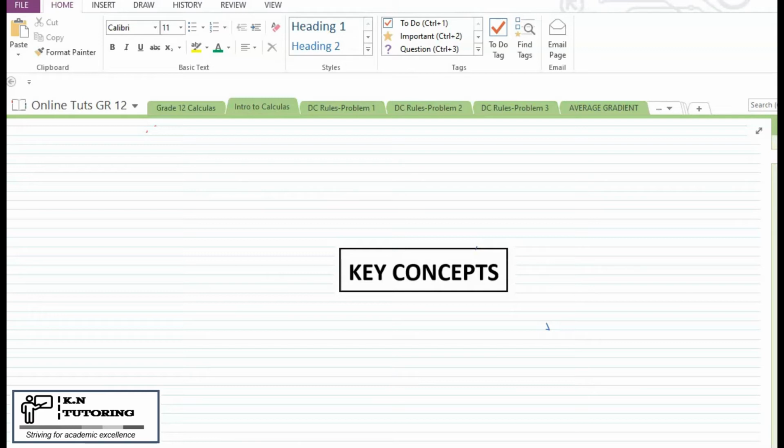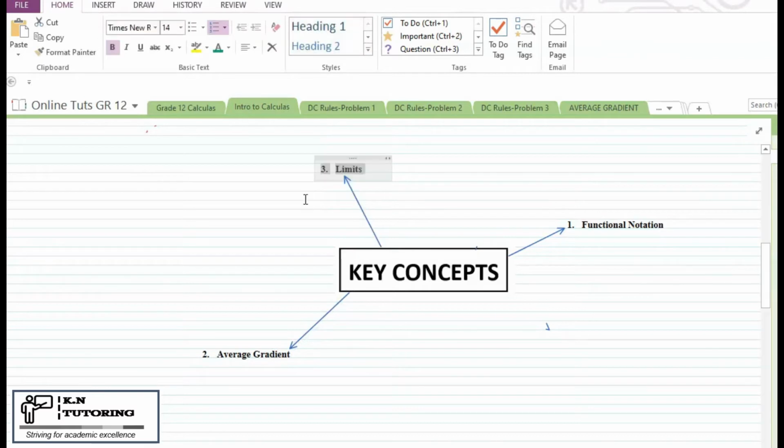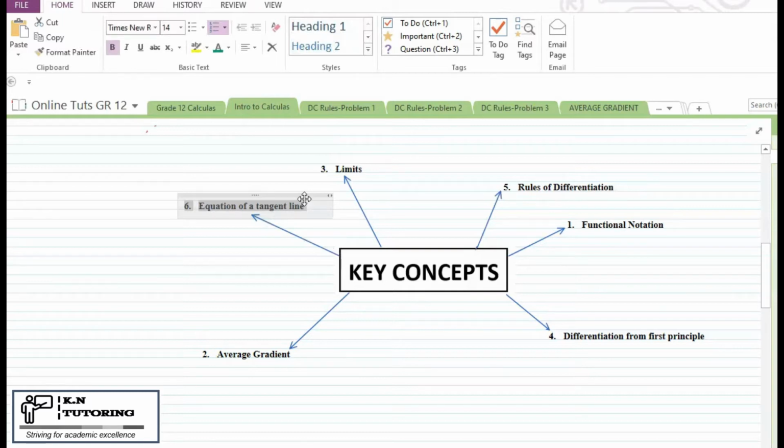So firstly, we will look at what we call functional notation. Then we will look at average gradient. Thirdly, limits. Number 4, we will look at differentiation from first principle. Then we will move to rules of differentiation. Number 6, equation of a tangent line. 7, polynomials.